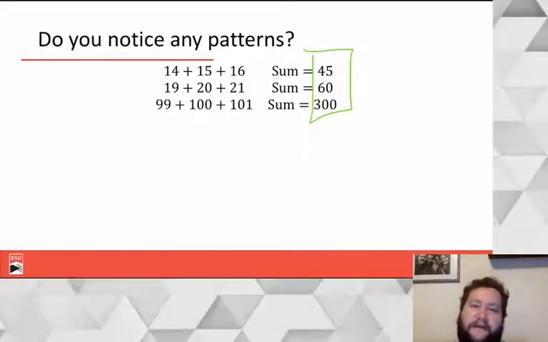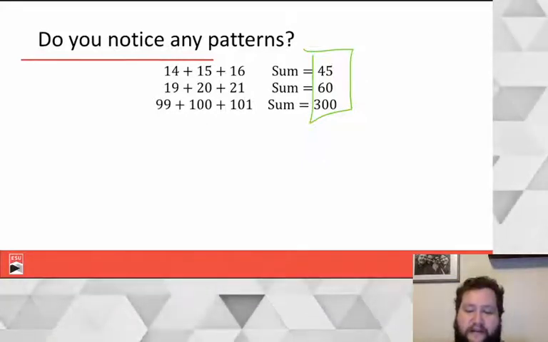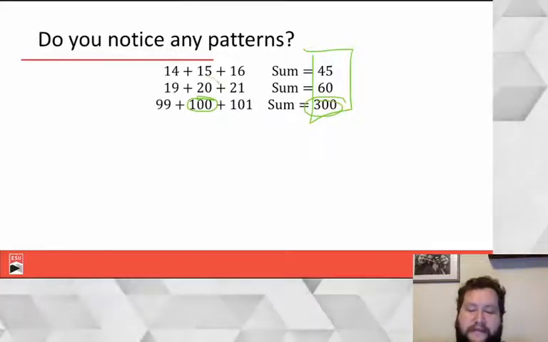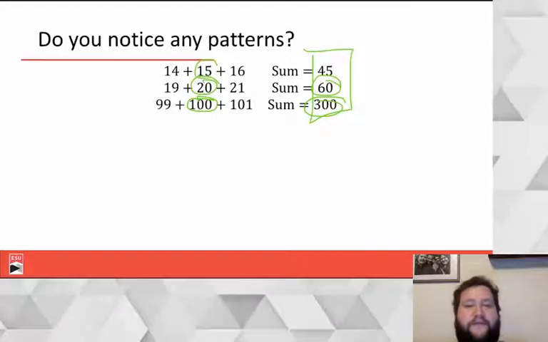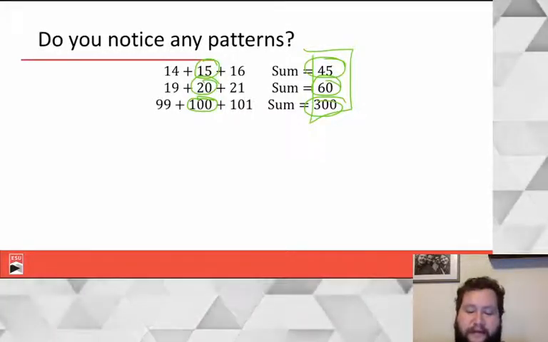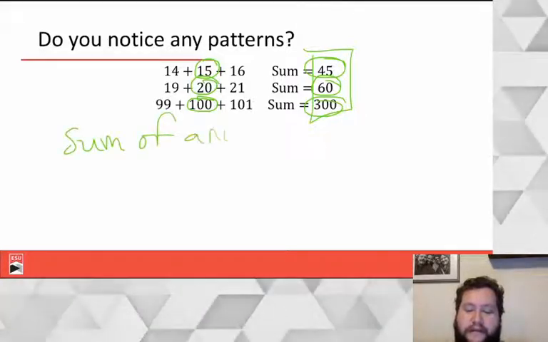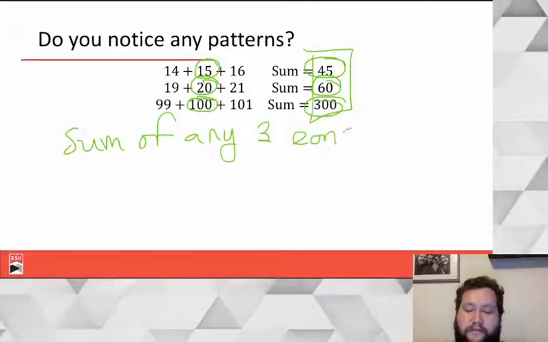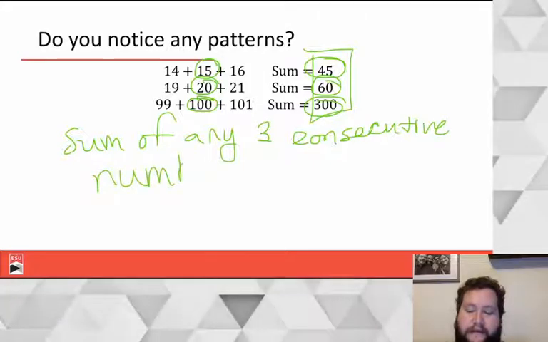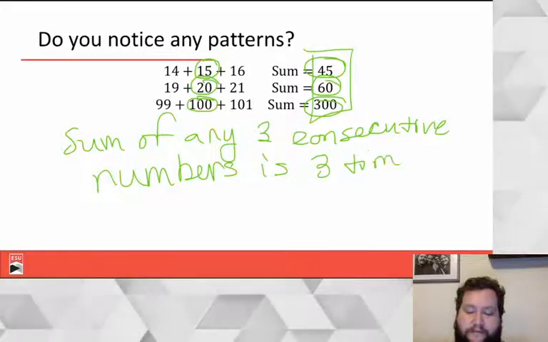So something that I notice, and it's perhaps most obvious to me at this 100, that's 300, and then, well, 3 20s is 60, and 3 15s is 45. And so it looks like the sum of any 3 consecutive numbers is 3 times the middle number.